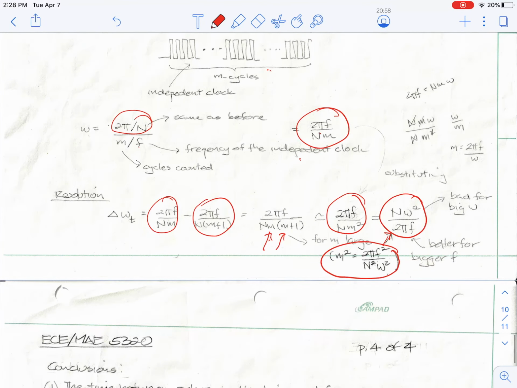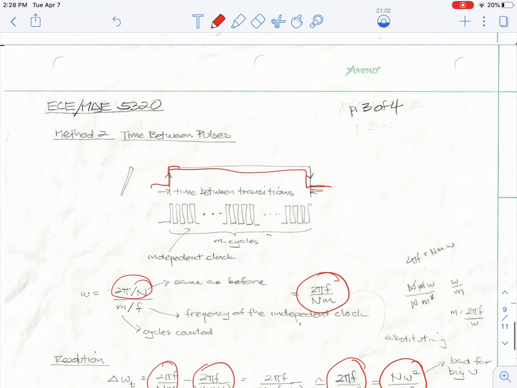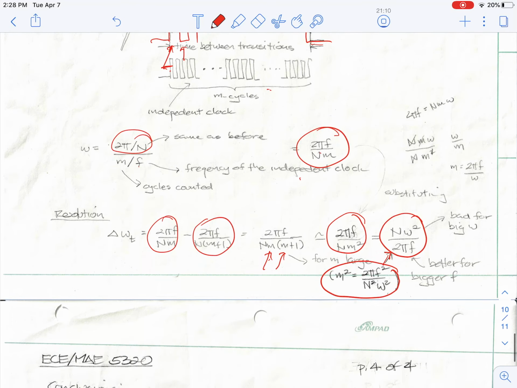So you'll notice that if things start to move really, really fast, these transitions would be occurring really quickly. I wouldn't have time to count very much in between each of those transitions. So that's for big omega, and it's proportional to omega squared.